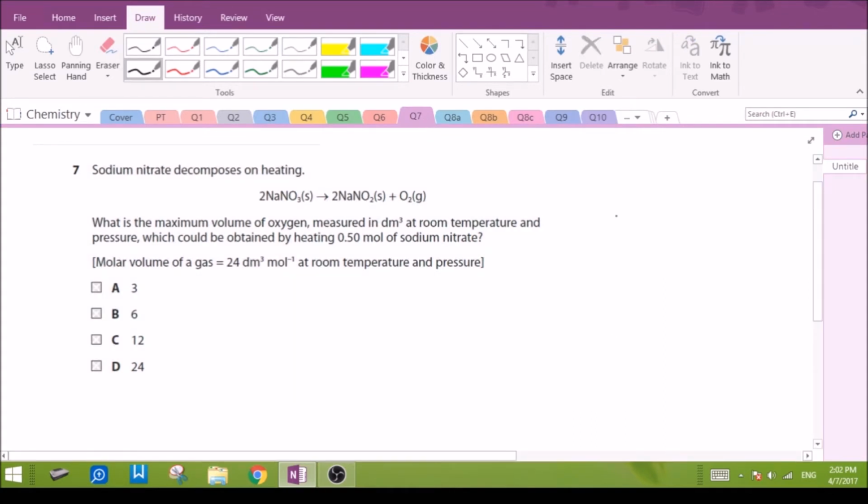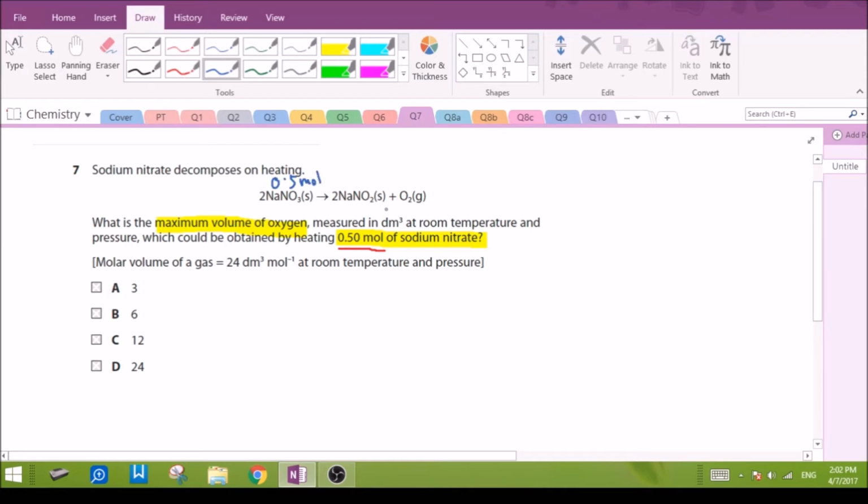Number 7, sodium nitrate decomposes. What is the maximum volume of oxygen, given that we started off with half a mole of sodium nitrate? There is only one piece of information that we can start off with, and that is half a mole of sodium nitrate, so 0.5 here.